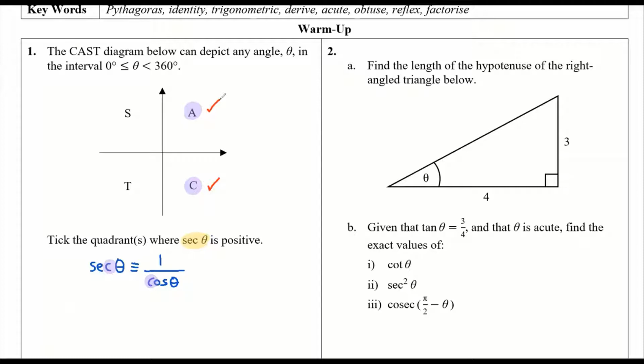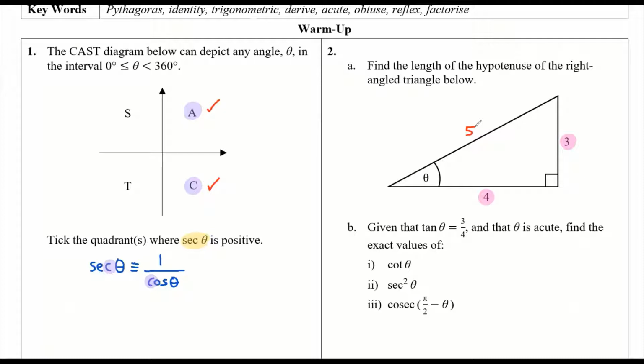Moving on to question 2, the first thing we have to do is find the length of the hypotenuse of this right angle triangle. Now, this is a classic Pythagorean triple that we've got here. It's one of those things you probably know already. So we've got a 3, 4, and as is always the case, the hypotenuse must be 5. It's what we call a 3, 4, 5 triangle, or the 3, 4, 5 Pythagorean triple.